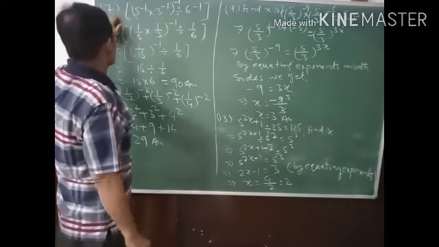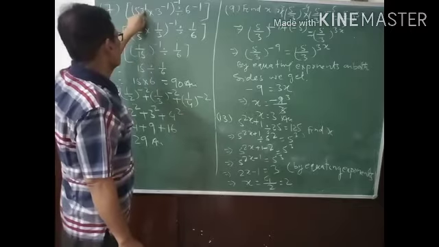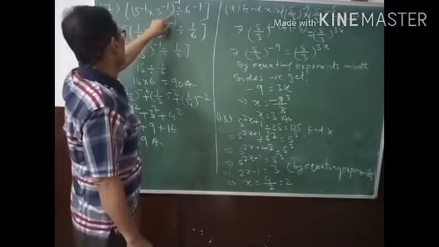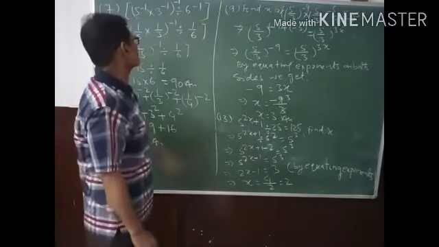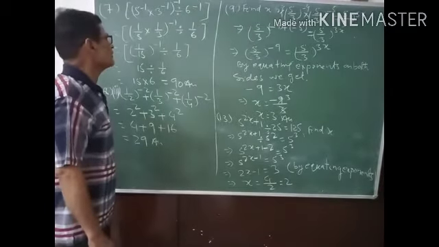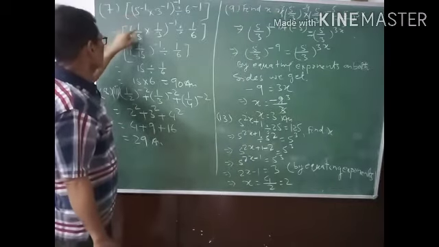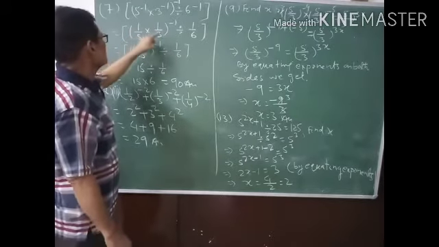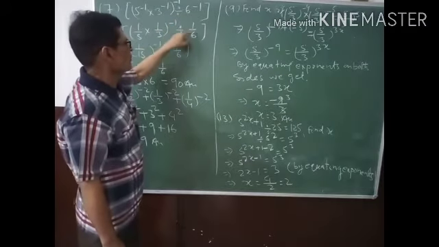Now come to question number 7. 5 to the power minus 1 into 3 to the power minus 1, whole power minus 1, divided by 6 to the power minus 1. You have to simplify, which means you have to find out the value of this. You can write here 1 by 5 into 1 by 3, to the power minus 1, divided by, you can write this as 1 by 6.